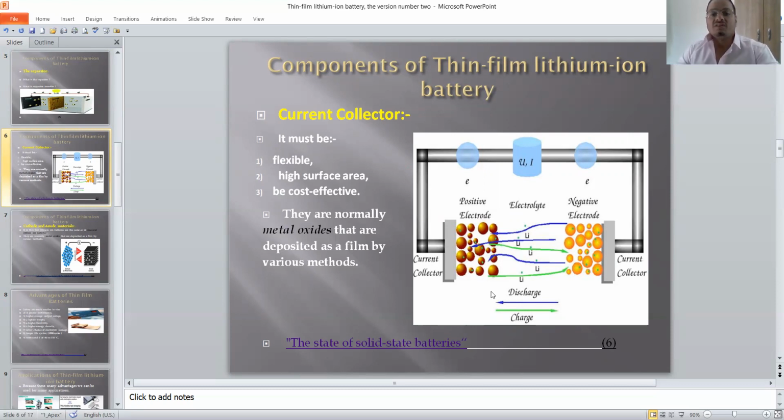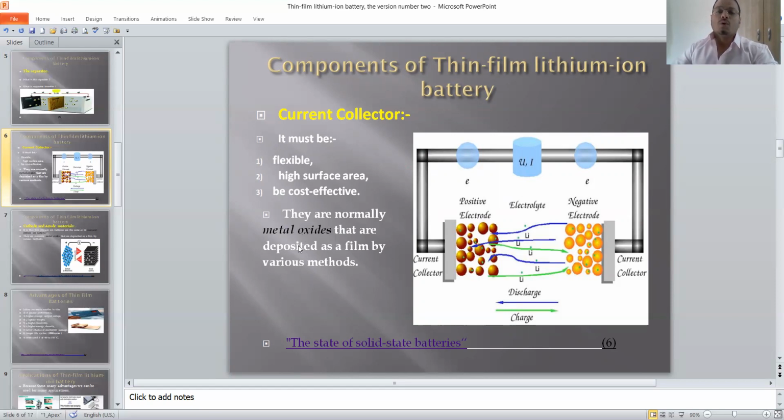Now let's talk about the discharge. The charge moves from the negative anode to the positive cathode. And in charge, when we put our devices on charge, the current will move from the positive cathode to the negative anode.